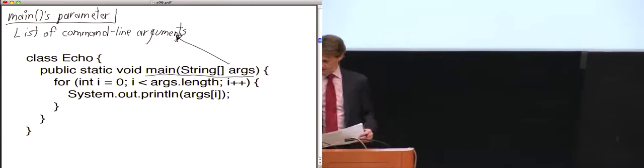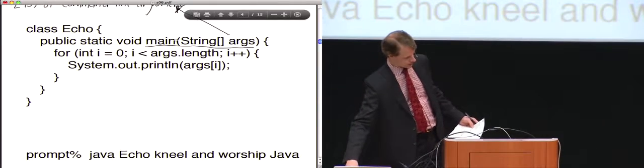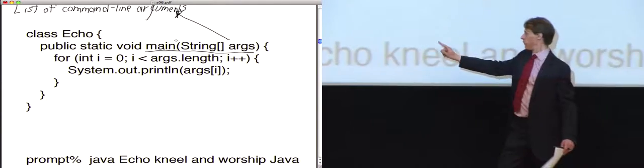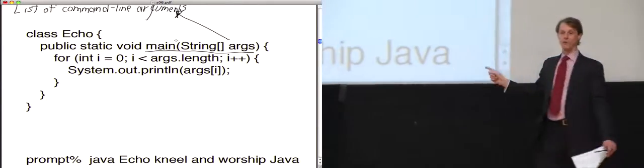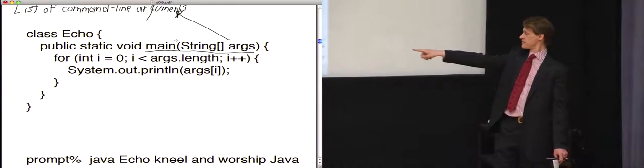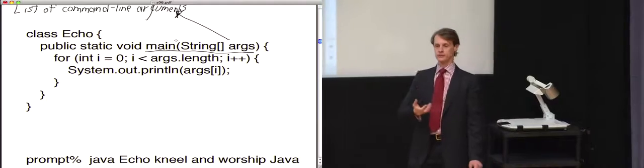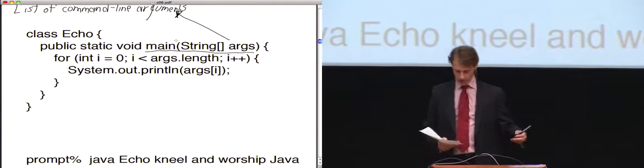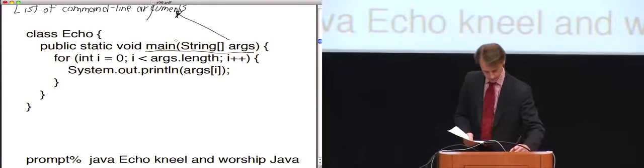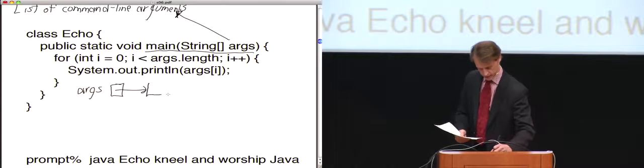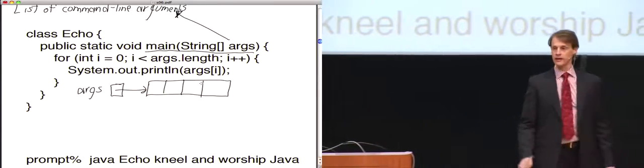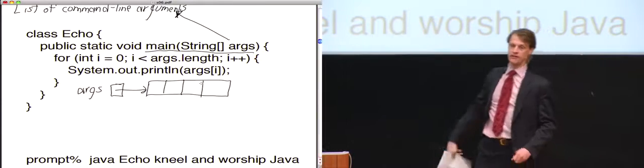And so the idea is here with that code, if I actually go to my Unix prompt and I write Java echo kneel and worship Java, well, what Unix does is it takes the kneel and worship Java, it divides it into different strings wherever there's a space, so a space starts a new string, and automatically produces for you this variable called args, which points to an array of length 4, because kneel and worship Java is 4 words.